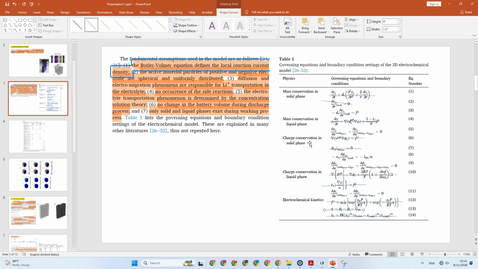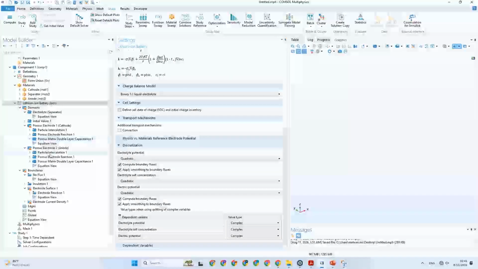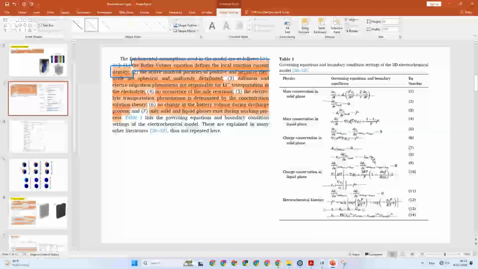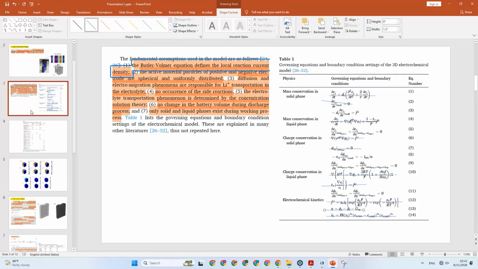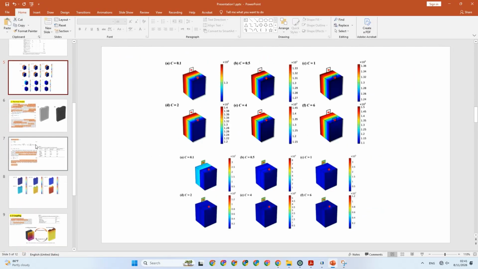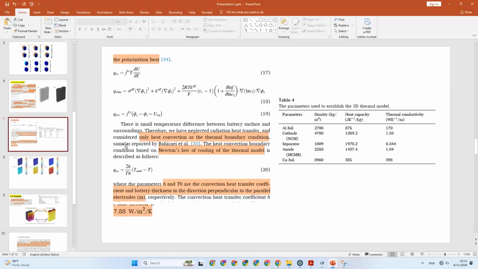And here for charge conservation in solid, we can see the partial derivative of phi with respect to x. We have current, but it is not current density. Maybe we can add, let me see, where is the I total?